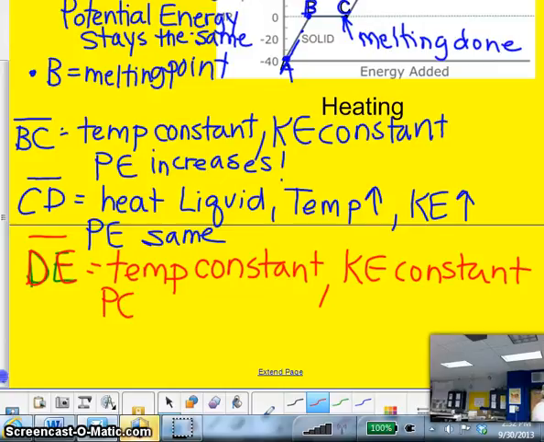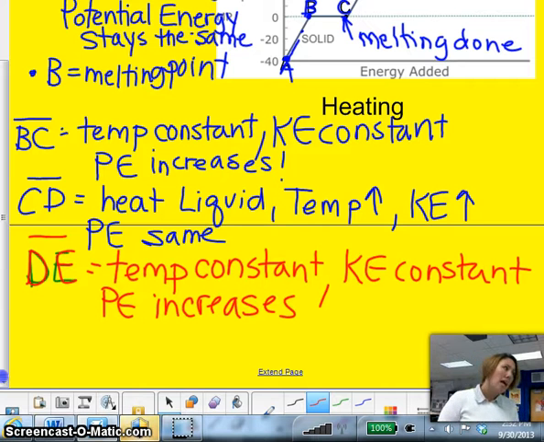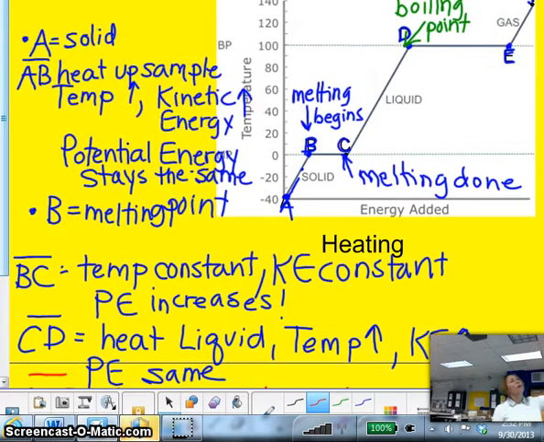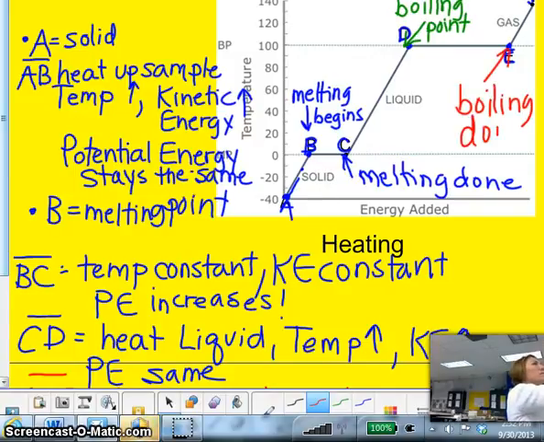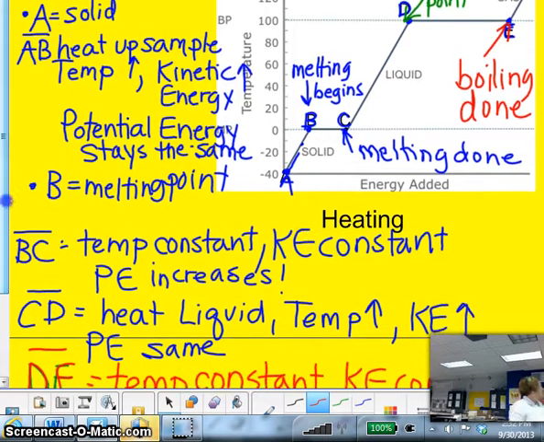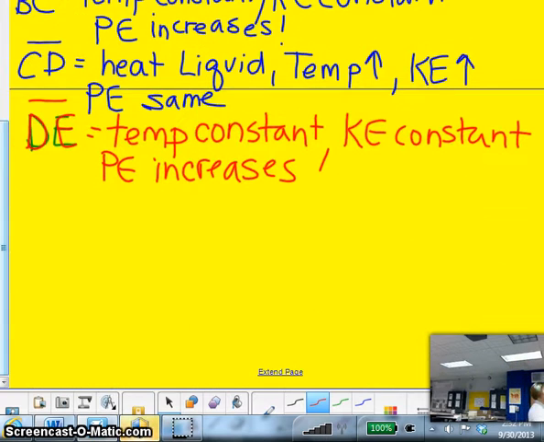So the potential energy increases until every single liquid molecule has been turned into a gas, and that is when the boiling is done over here at point E. At point E we have only gas. And so from E to F we just heat the gas.